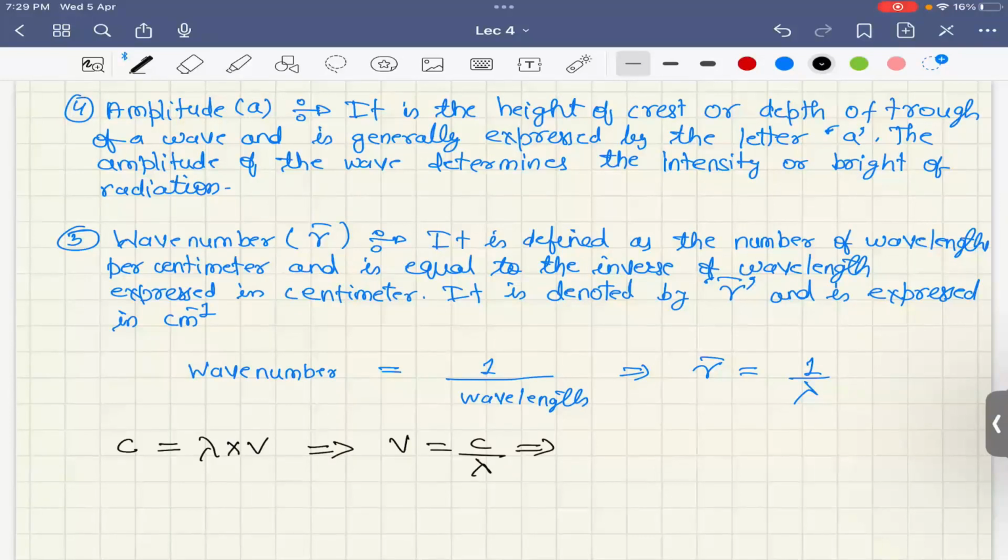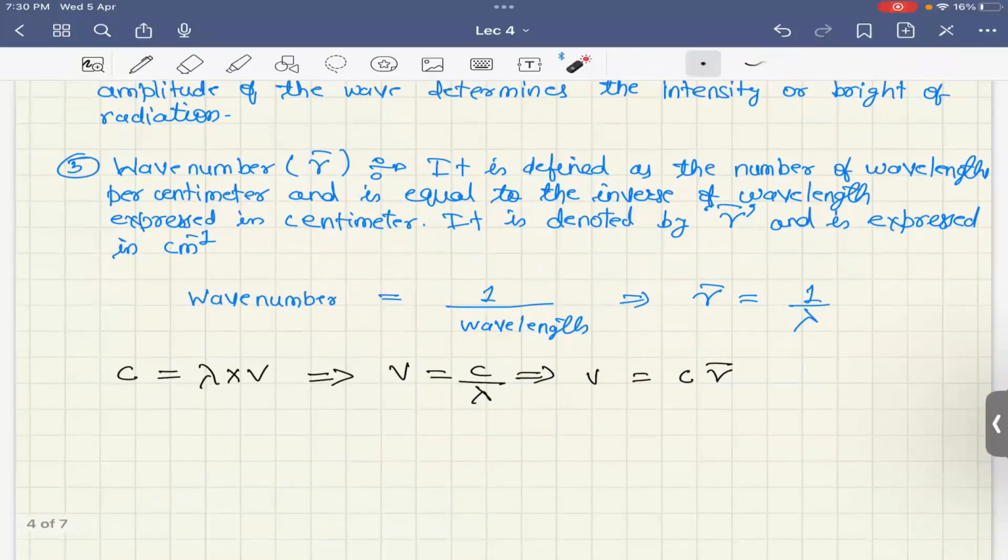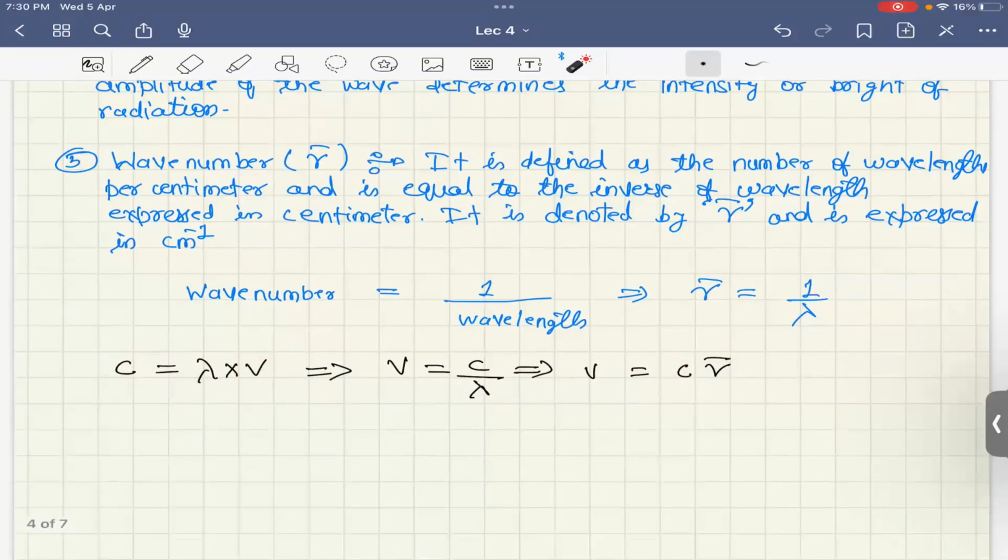This implies nu is equal to c nu bar. So these are the relationships between the velocity, wavelength, frequency, and wave number.